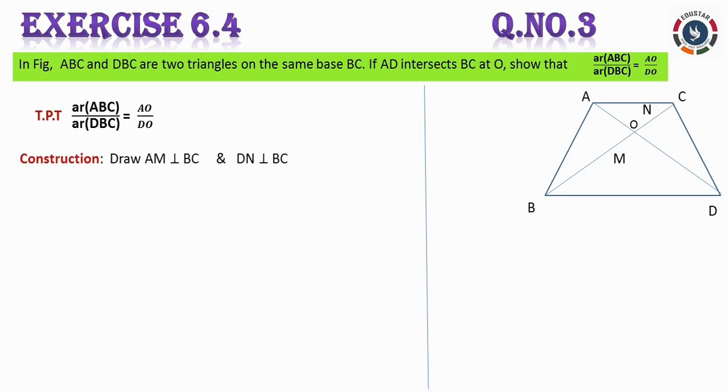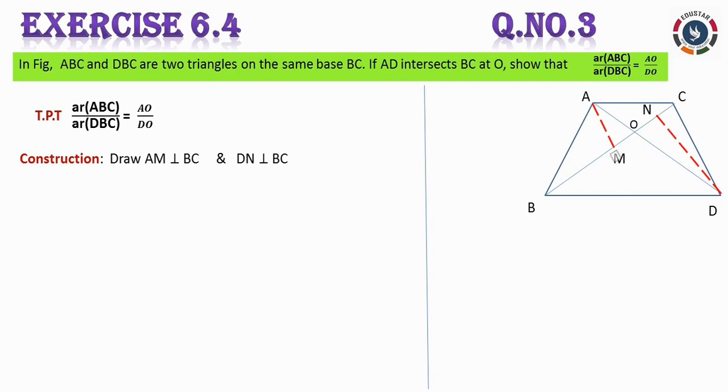Next, construction. To find the area, as I already told you, one of the measurements is the base, which is given. What about the other? Height. How do we find a height? For that, we have to construct perpendicular altitudes. AM is perpendicular to BC and DN is perpendicular to BC. Look at this diagram. Can you see this? So what about the area now?